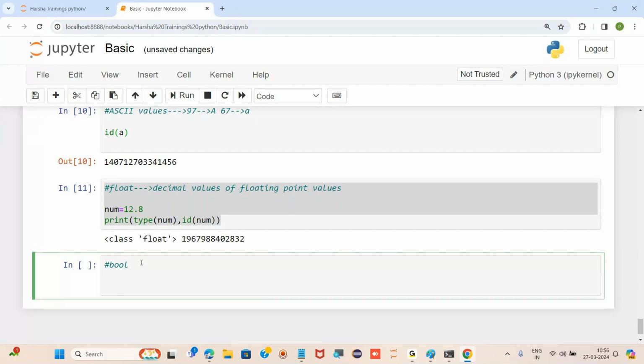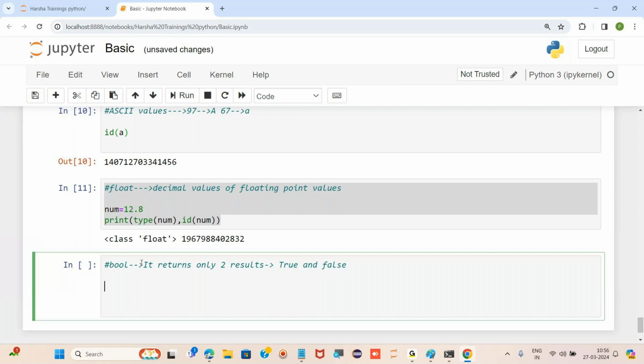It returns only two results, which are true and false.